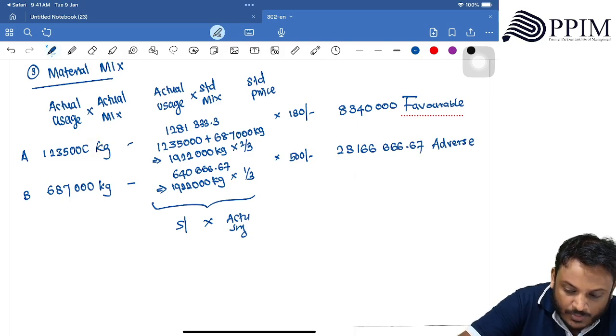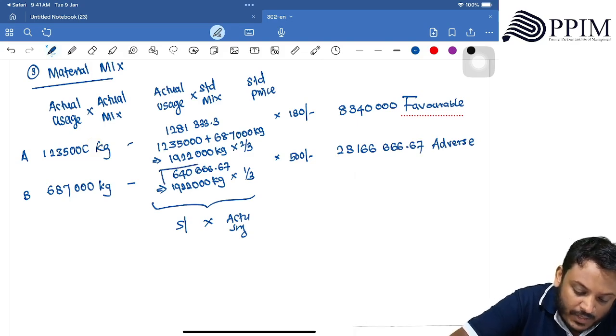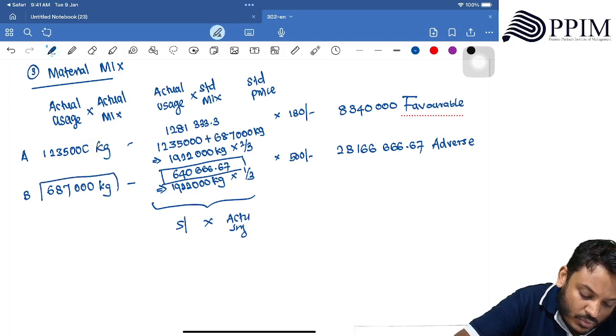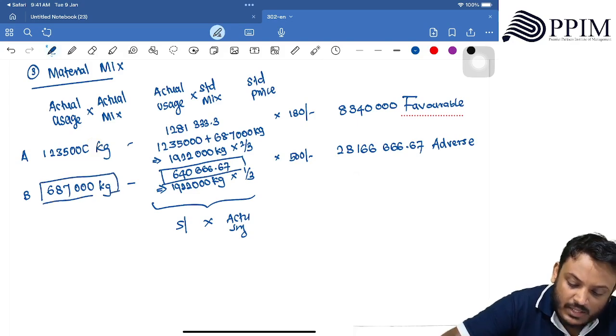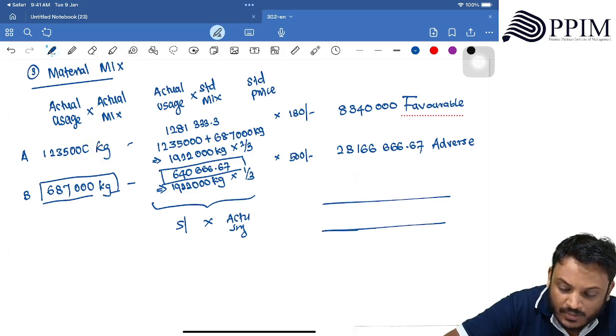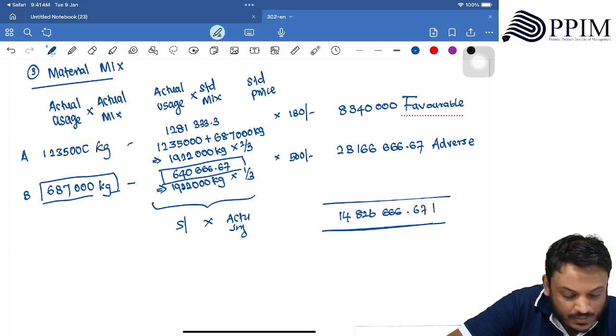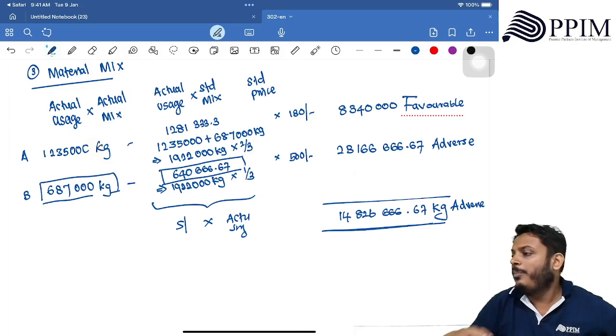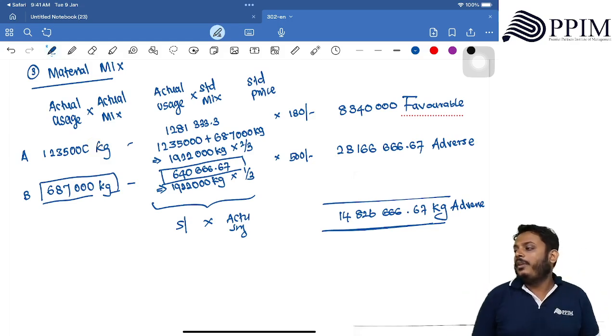This is adverse, because we expected to use 640,000 and we actually used a mix of 687,000. So if you take the total variance, 14,826,667 kilograms, that is adverse. Copy this.